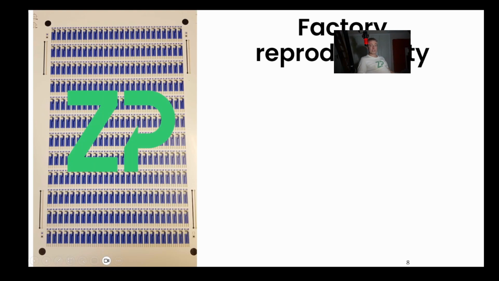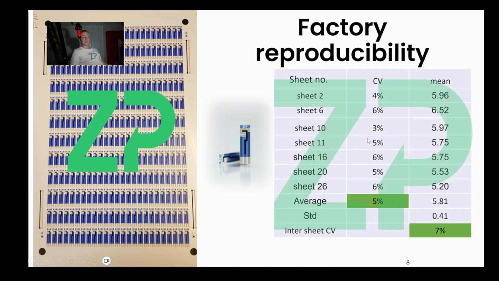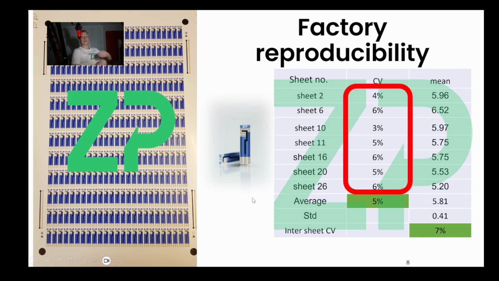Now, factory reproducibility. At ZP, we're really careful on the reproducibility of our electrodes. Why? Because we use them all the time ourselves in our own products. So we would take sheets, and here I'm talking about quite a short run of something like 26 sheets. So that's about 7,800 electrodes for us. And we'll take sheets through the run, and we'll check them for variation, the coefficient of variation, and make sure that within a sheet, we get something like a 4, or let's say a 6% variation.